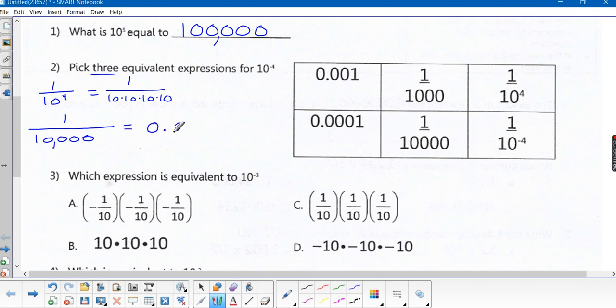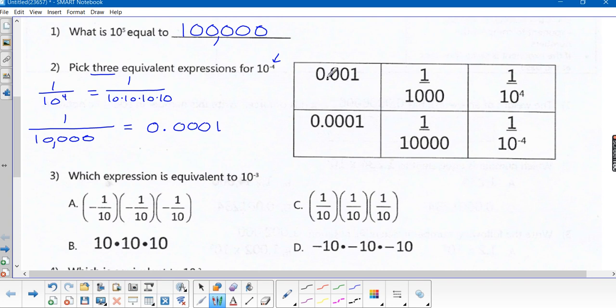And in my decimal, I always count, and I put my 1 in this case in the 4th place to the right of the decimal, since it's negative. Make sure I got all my zeros correct up here. I got 4 tens, I got 4 zeros, 10 to the 4th, everything's good to go.